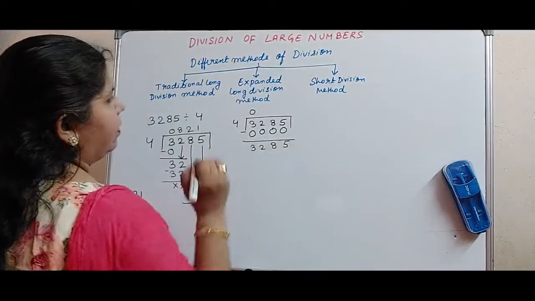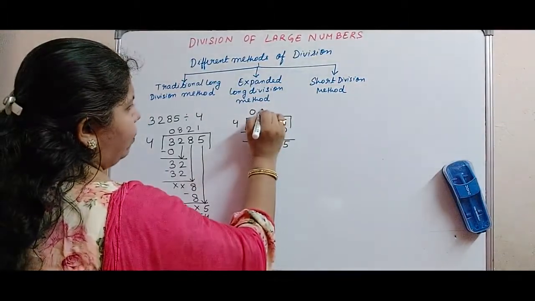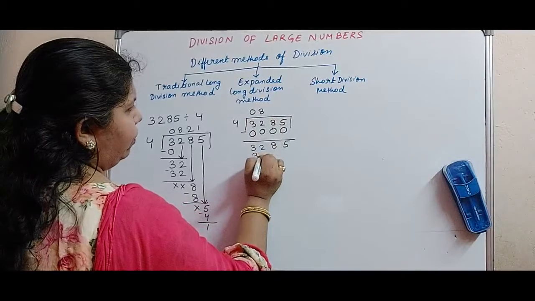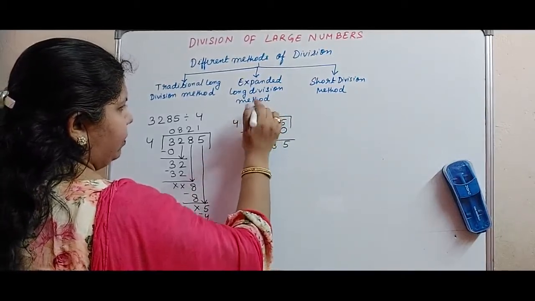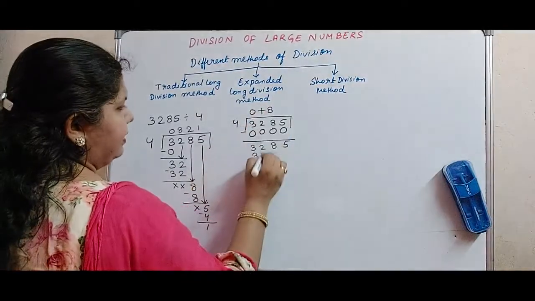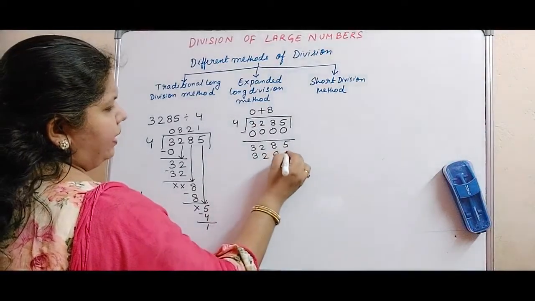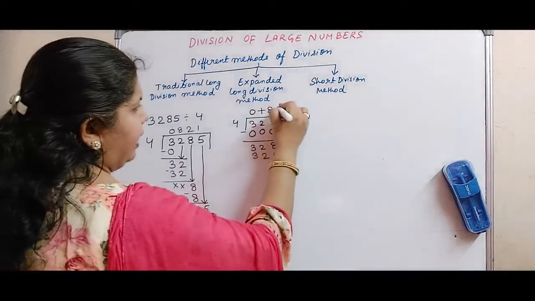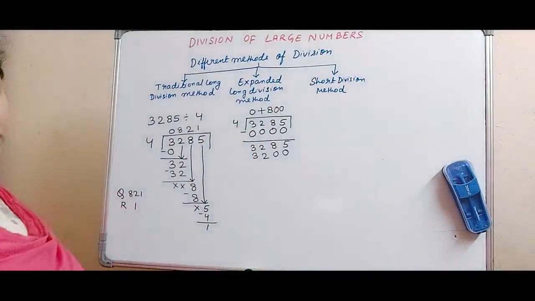3285. Now what I have to do is take the next number, 4 8s are 32. In the first case I have written 0, so I put a plus symbol here and then write 8s are 32. But I have 2 more places, so for that I put 2 zeros, and I have to put 2 zeros in the quotient place also.